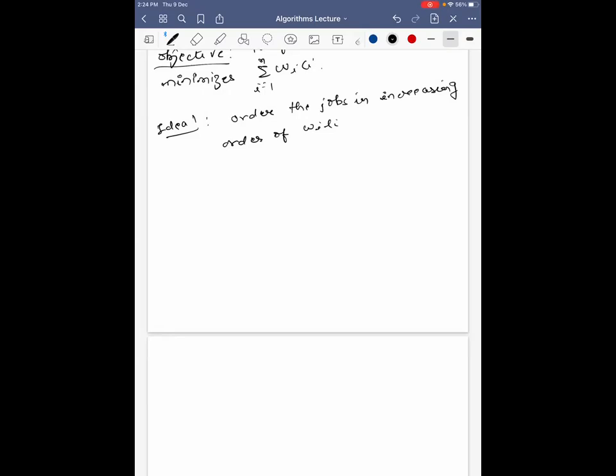Sir, hello. Can I do a slight modification of the algorithm? Yeah, go ahead. So we first choose the minimum of WiLi, and then from the rest we do W2 over L1 plus L. We pick the minimum from L1 plus Li. You pick the minimum from the time that has already elapsed, add it to the rest of the times, and then take the minimum from the Wi times the new times.